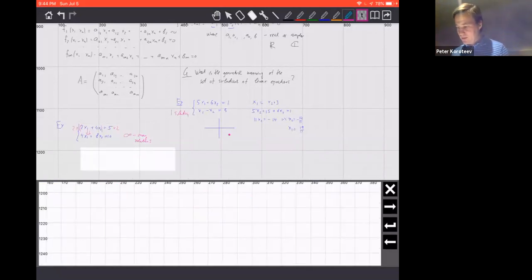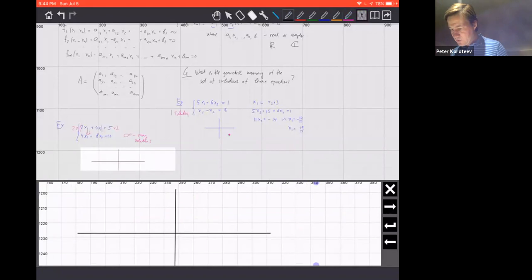And of course, you can draw it as a line. In the coordinate system, it's 2x1 plus 4x2 equals 5. So how will this line go? It has slope -1/2.